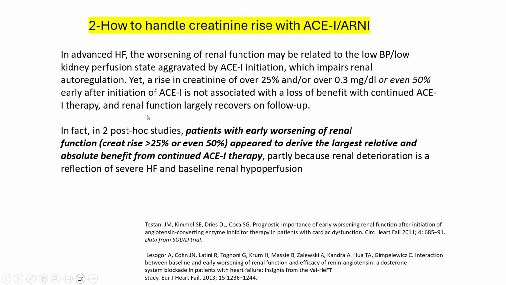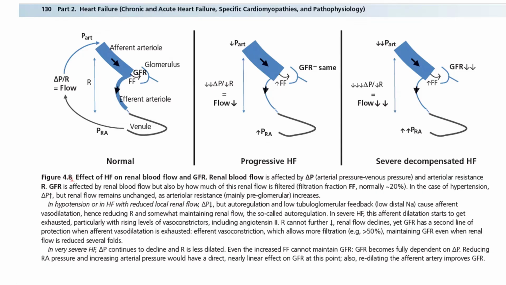And renal function largely recovers on follow-up under continued ACE inhibitor or ARNI therapy, mainly because those therapies improve heart failure and therefore they increase the inflow perfusion pressure of the kidneys and they reduce the outflow venous pressure, the right atrial pressure that impedes renal perfusion.